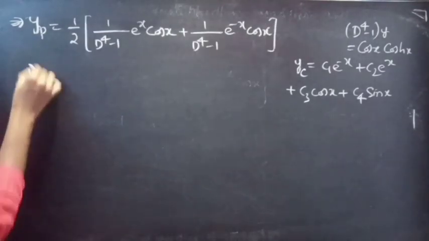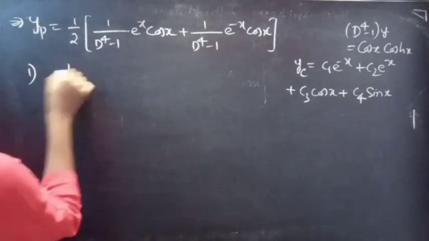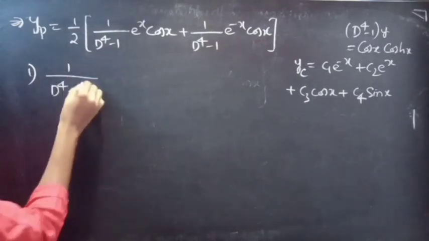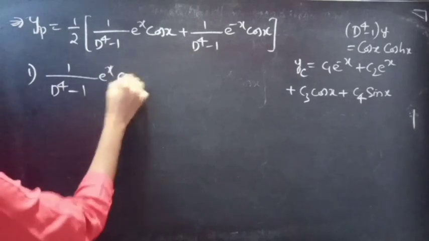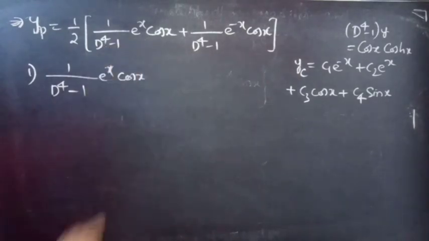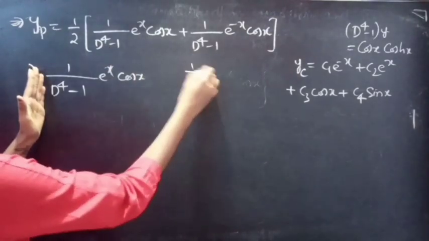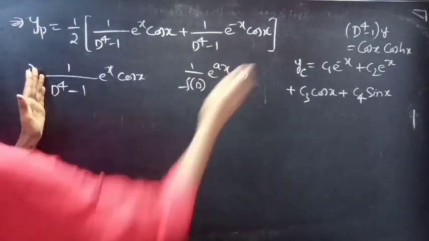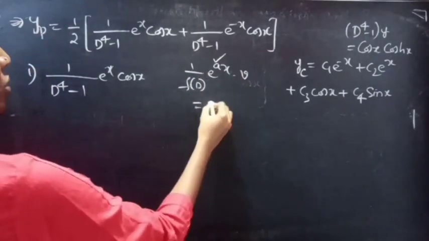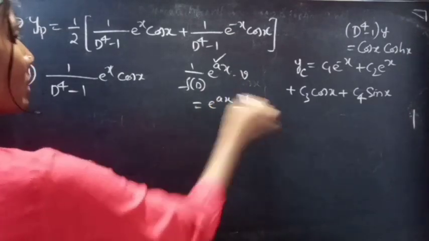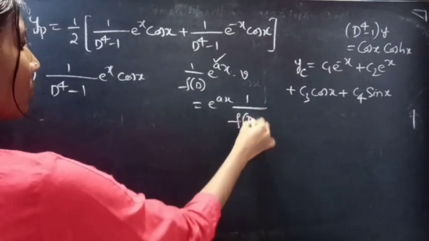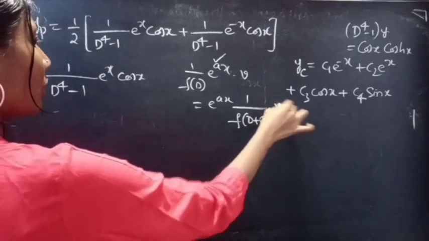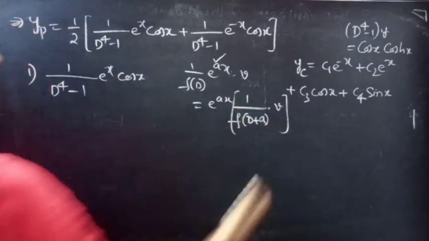Well, let's find the first one, 1 by d power 4 minus 1 into e power x cos x. So this is of the form 1 by f of d into e power ax into v. We can shift e power ax towards the left by replacing d with d plus a, and later we'll operate v with 1 by f of d plus a, right?